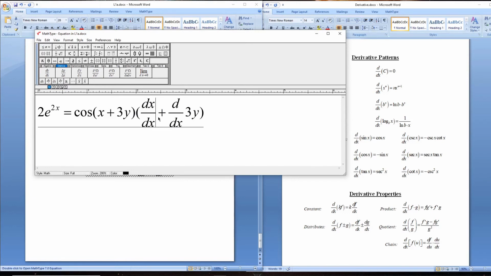And of course, again, we can always slot whatever's sitting there up into the notation like that. Anything divided by itself is 1. And the derivative of 3y with respect to x, so the 3 is a constant. We can pull that outside the derivative. And the y, we can just slot right up into the notation.